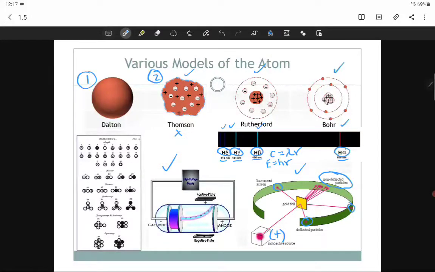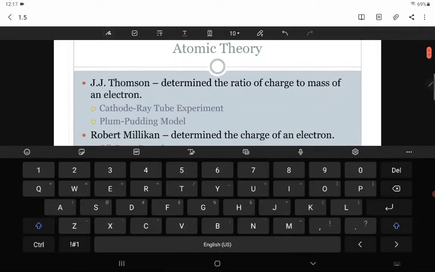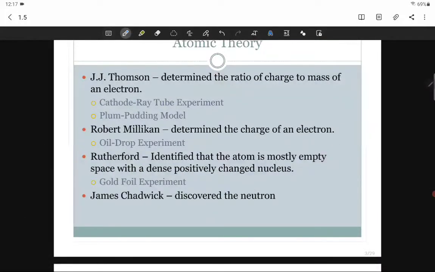When mathematics were done with hydrogen, it worked out perfect, experimental and the theoretical. But that's not the model we like anymore, because other people tried to do other atoms, this experimental with the spectroscopes and theoretical with the math, and it didn't quite work out. So we're going to eventually get to other models of the atom. Well, one more model of the atom.